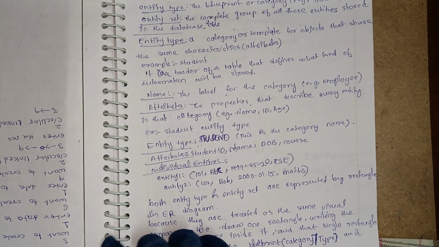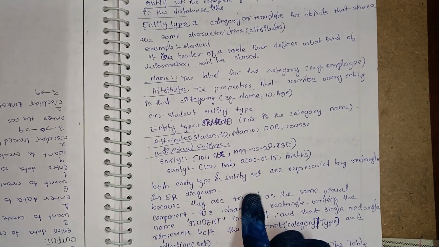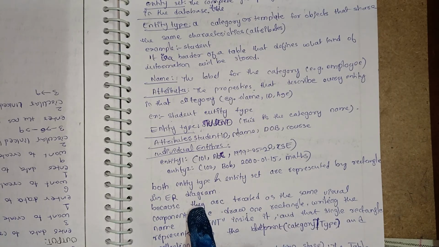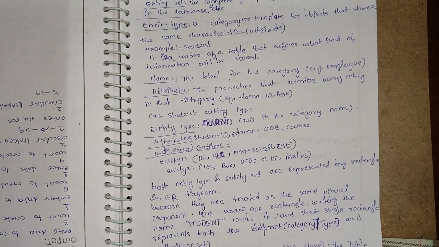And then both entity type and entity set are represented by a rectangle in the ER diagram. As we all know, entities are represented by a rectangle in the ER diagram, and these entity types and entity sets also are represented by a rectangle only.